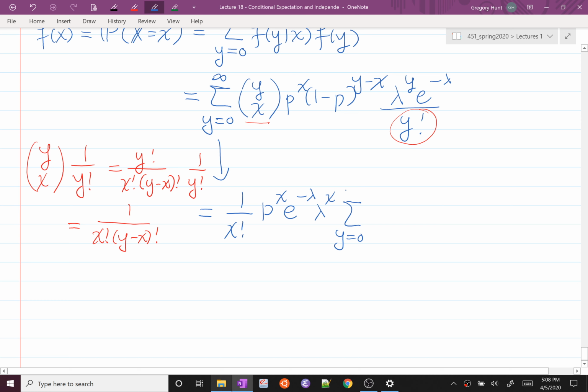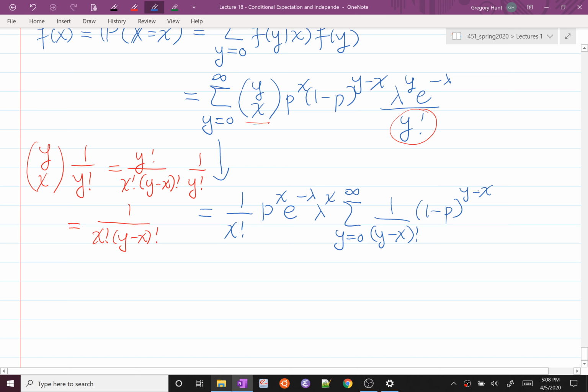The y choose x over y factorial, the only thing that's left is y minus x factorial. We still have a 1 minus p to the y minus x. And instead of lambda to the y, since I need to account for the lambda to the x, it's going to be lambda to the y minus x. Okay, those are all equivalent. So now we've got our whole sum in terms of y minus x: 1 over y minus x factorial, 1 minus p to the y minus x, lambda to the y minus x.